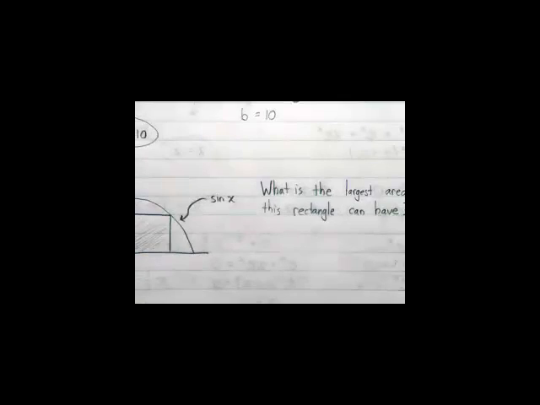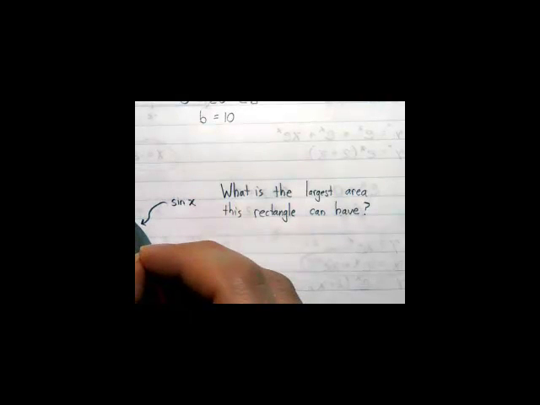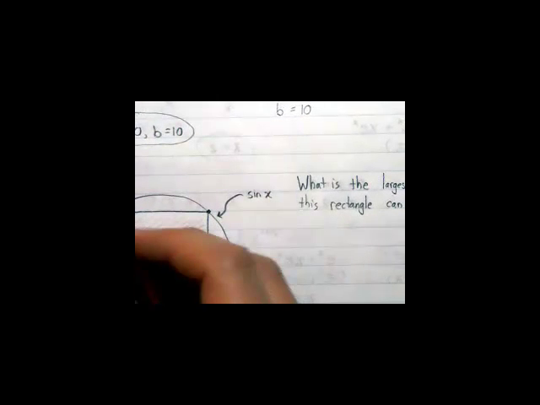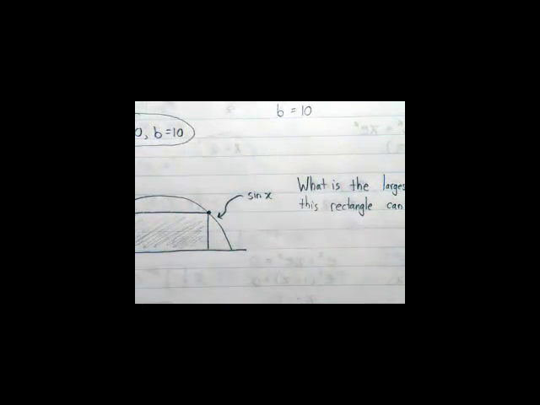So what is the largest area this rectangle can have if it has to be what we call inscribed underneath the sine? So what that means is the corners have to touch. Okay, so these top two corners of the rectangle have to touch the graph of sine.